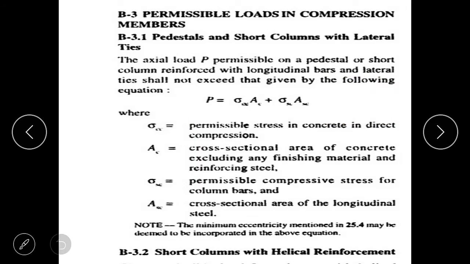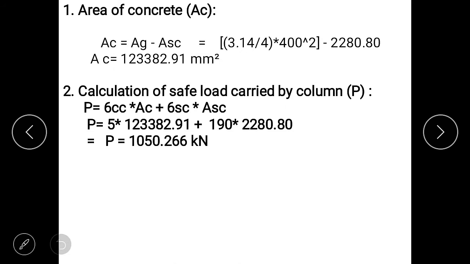To find the load on the column, our column is short. So for a short column, the formula for P is sigma cc into AC plus sigma sc into ASC. Firstly we have to find the area of concrete.